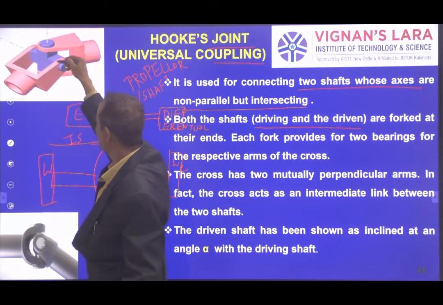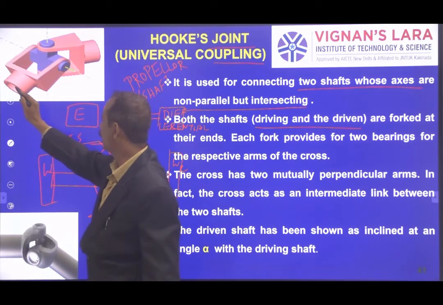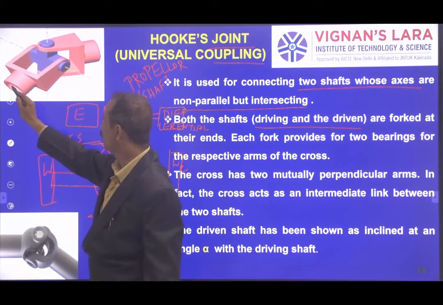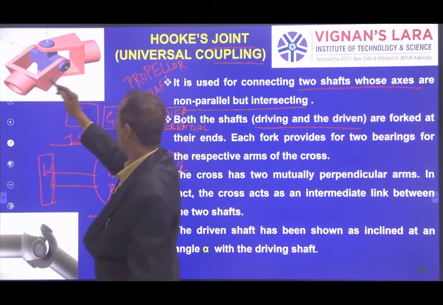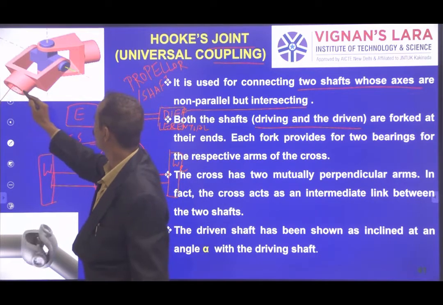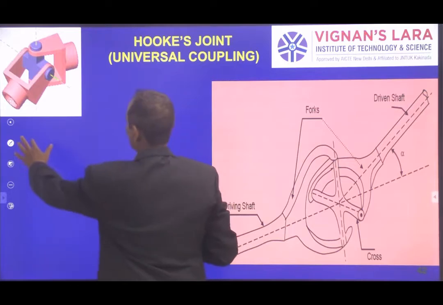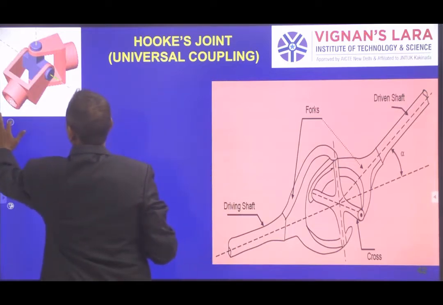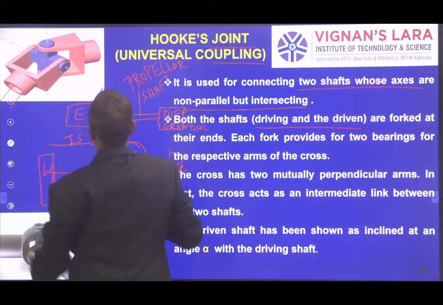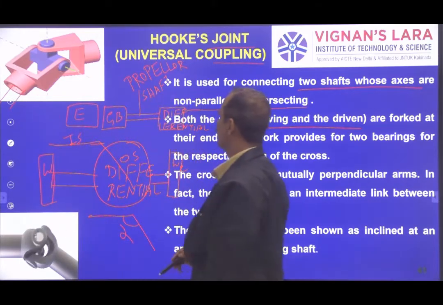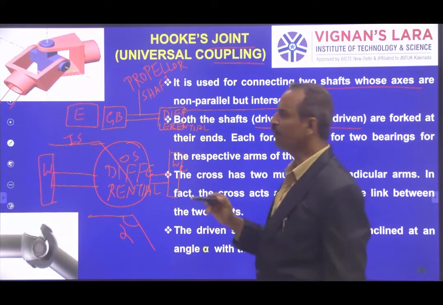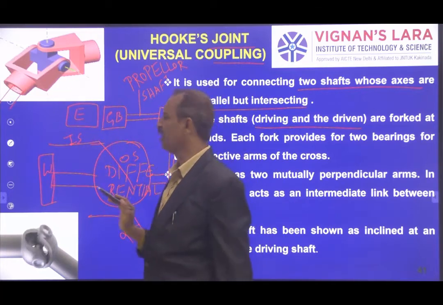You can see this is like a C-clamp. And here you can see this is made hollow, and the shaft will come here. So the shaft ends are made like a tuning fork.